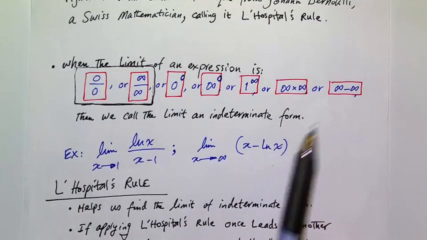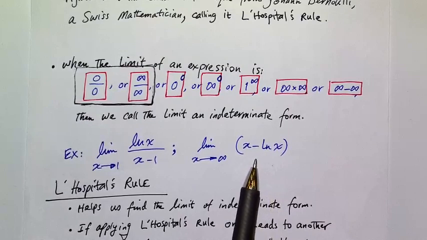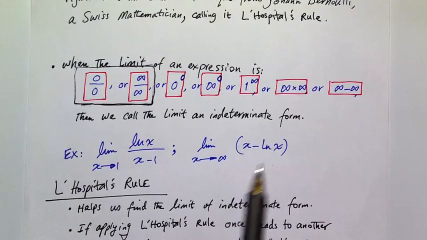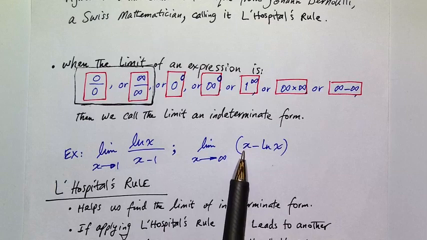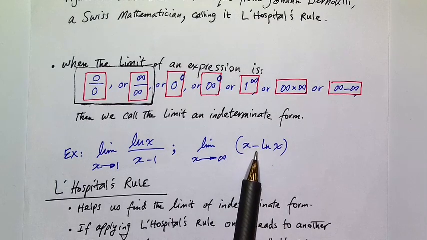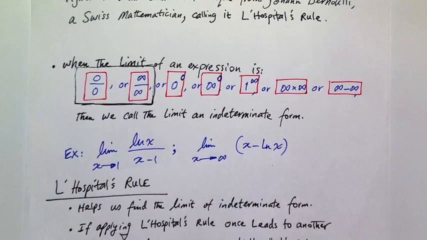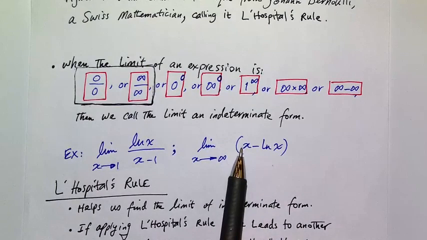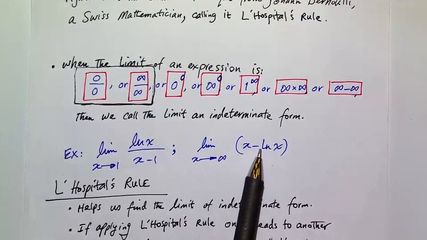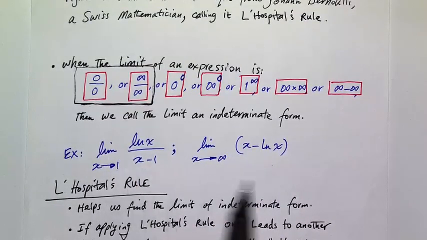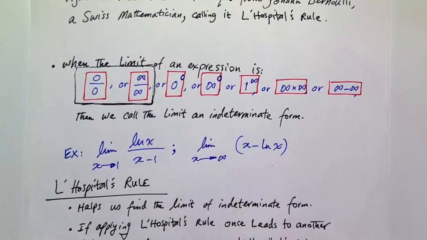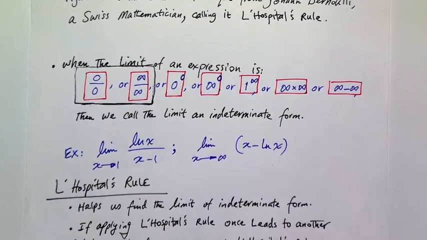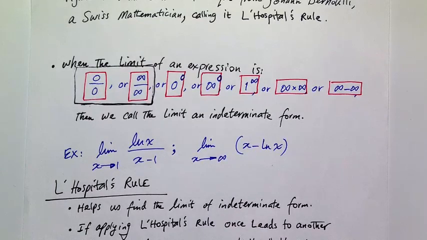So again, this expression is a candidate for applying the L'Hopital rule. But for this one, somehow we need to rewrite the expression either entirely in fraction form or partially in fraction form. This is where a little bit of creativity comes in handy, to rewrite an expression that is not already in fraction form before applying the L'Hopital rule. That's one of the key aspects of applying the L'Hopital rule.